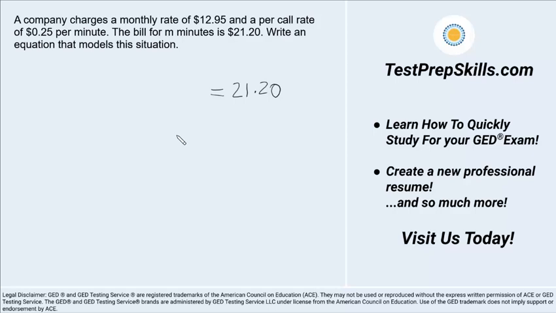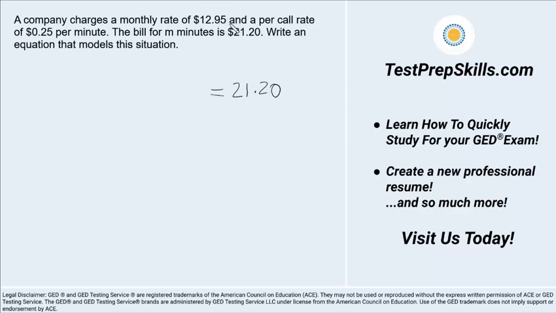What items added together are going to equal our answer? Well, we know every month there's a flat fee of $12.95. So we need to add that to whatever this per minute rate is to get our final answer. Now, we know this $12.95 is not going to change.